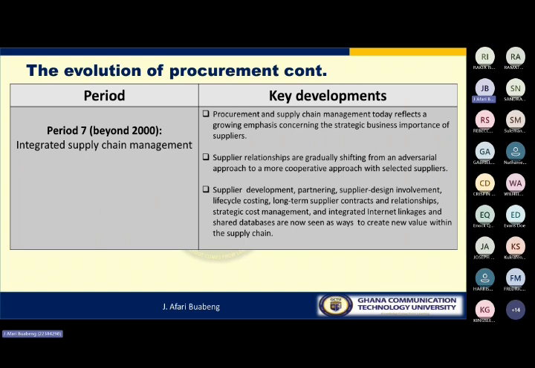So procurement and supply chain management today reflects a growing emphasis concerning the strategic business importance of suppliers. So supplier relationships are gradually shifting from an adversarial approach to a more cooperative approach with selected suppliers. Okay, so it is no more adversarial, more or less collaboration. You collaborate with suppliers that are doing something good.